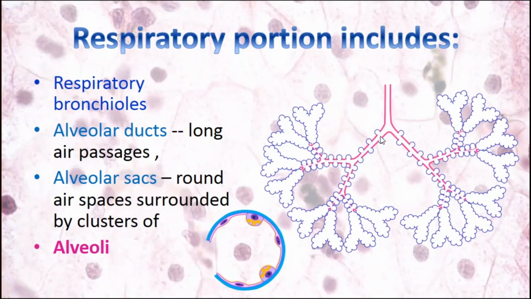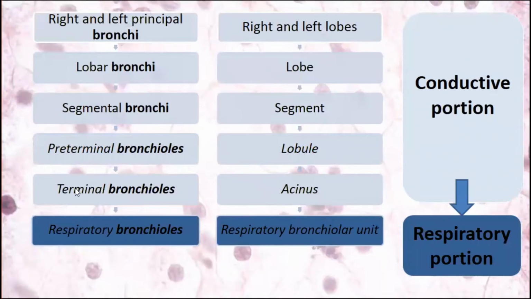Terminal bronchiole is divided into two respiratory bronchioles, and in the respiratory bronchioles we can see that inside their wall there are some bubbles, and they are alveoli. Also there are alveolar ducts and alveolar sacs, and all those structures are formed by alveoli. So let's look at this structure. Terminal bronchioles are divided into respiratory bronchioles, and respiratory bronchioles ventilate the respiratory bronchiolar unit, and the respiratory portion begins.